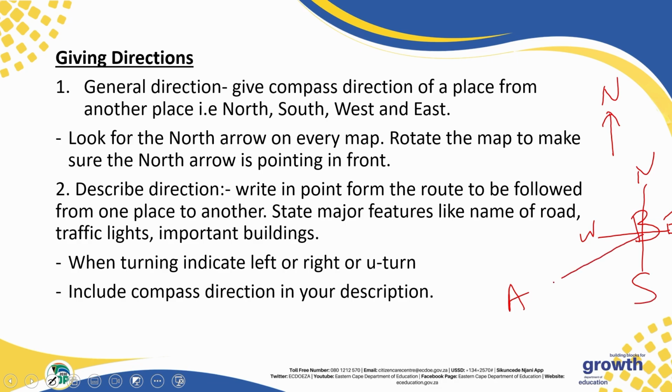So I connect A from B. You can see it's connecting between S and W, which is southwest. So that tells me A from B is southwest. So when I'm on B and I'm looking at the side of A, it means I will look in the direction of southwest. So that's how we do the general direction.